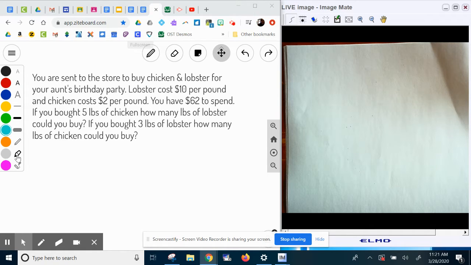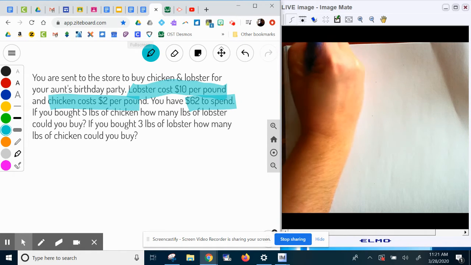Okay, so I'm just going to start by identifying my important information in the actual problem, so not in the question yet. It says lobster costs $10 per pound, chicken costs $2 per pound, and we have $62 to spend. So that's all the problem before we get to the questions. I'm going to write that down.